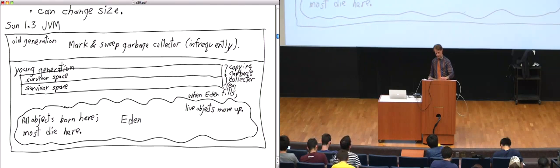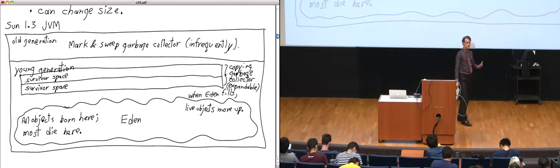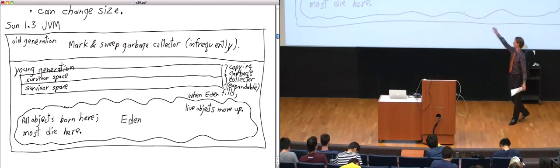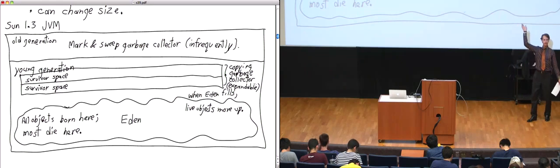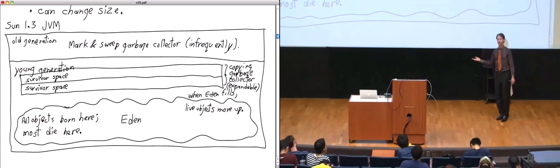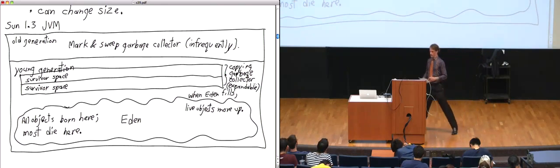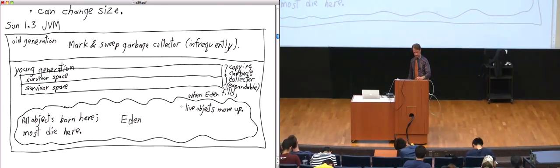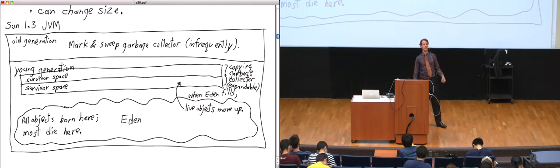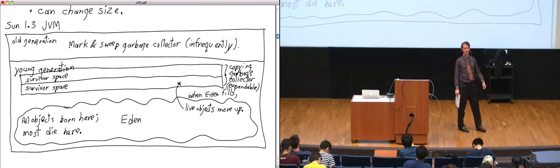And this copying garbage collector is expandable. So if there are lots of objects that survive Eden, then you make the copying garbage collector bigger, the survivor spaces get bigger, to make room for those extra objects that survived. So again, when Eden fills, any live object in Eden that hasn't already become garbage gets promoted up into the copying garbage collector.